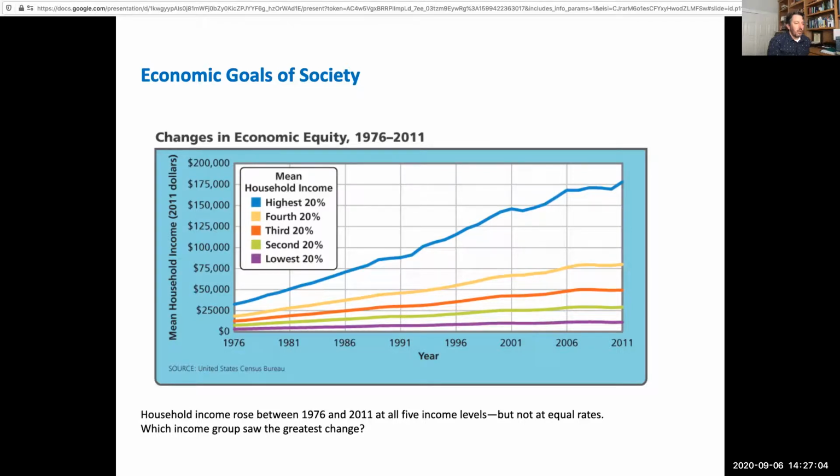And then it gets worse for the next third, and so on and so forth, till you get to the very bottom. The bottom 20% of incomes has not really grown that much. We're looking at maybe going from 3,000 to 5,000, to maybe 7,000 to 8,000. So it's a big difference.